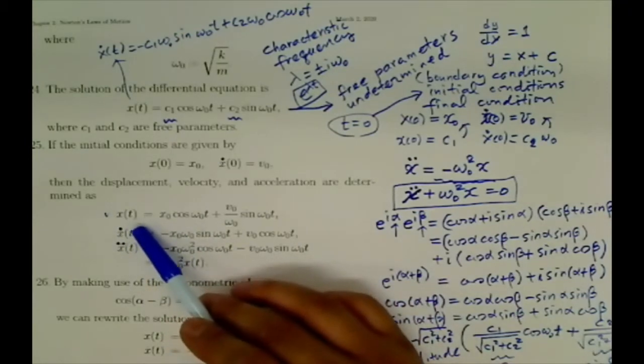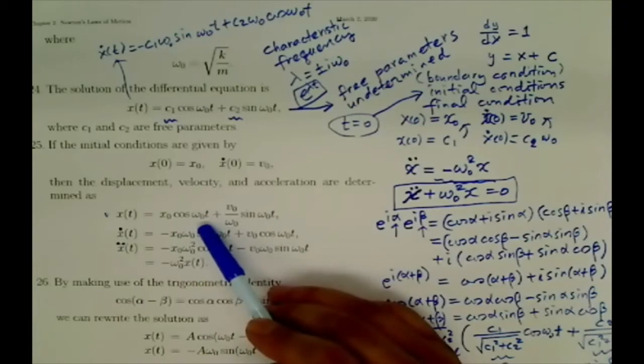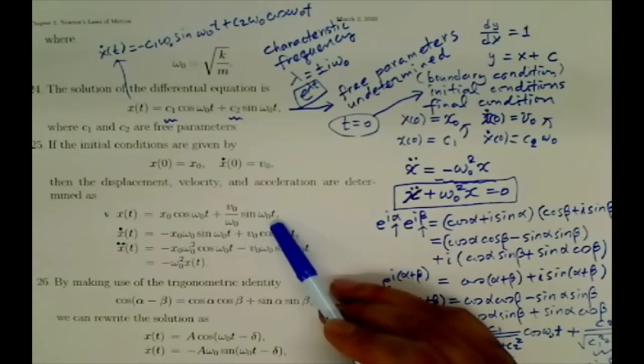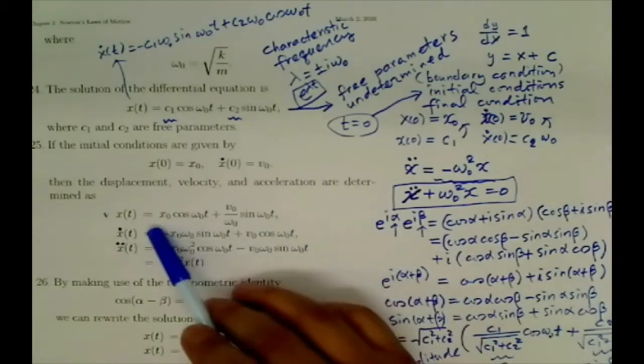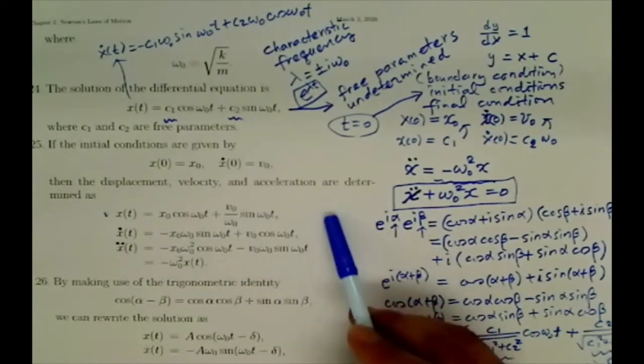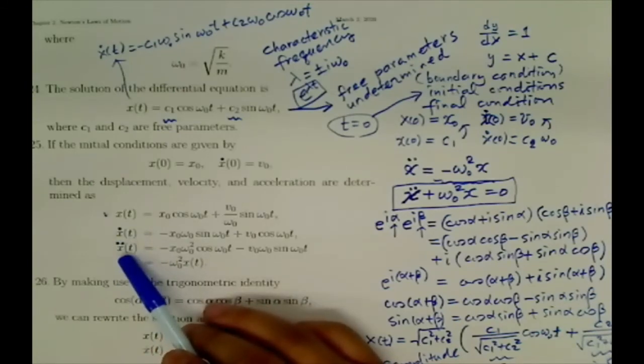x of t, the displacement, is x0 cosine omega 0 t plus v0 over omega 0 sine omega 0 t. Because the displacement x of t is completely determined, we can take the time derivative to find the velocity and acceleration.